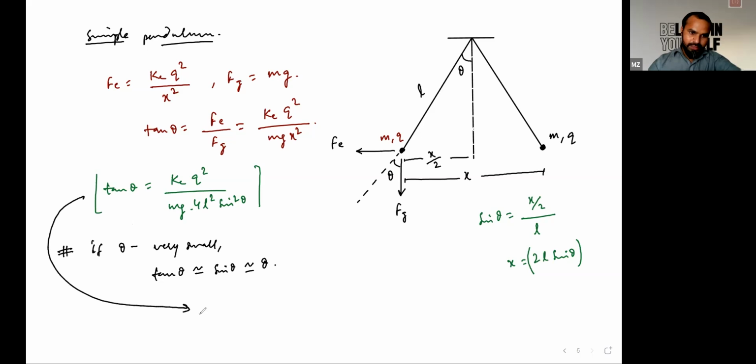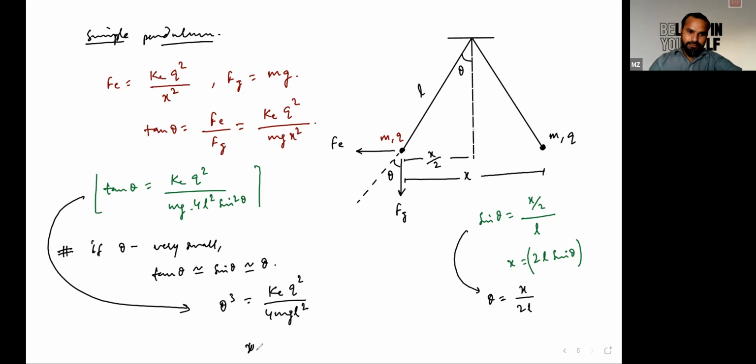On reducing this equation, it becomes theta equals k q square over mg times 4L square. From this, if theta is small, theta equals x over 2L. On putting the value of theta in this equation, it becomes x cube over 8 times L cube.